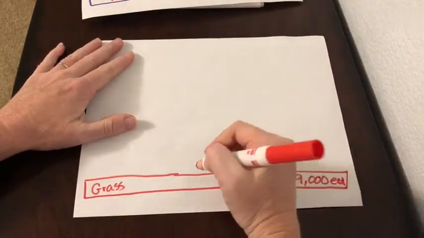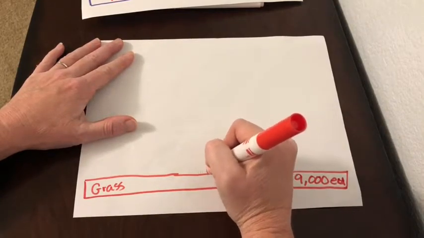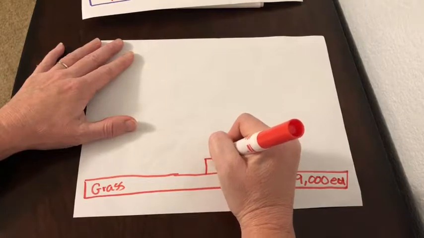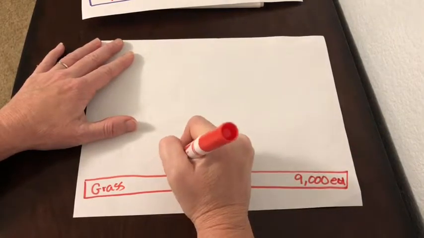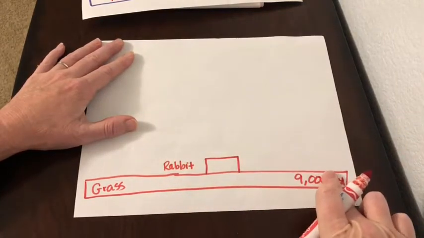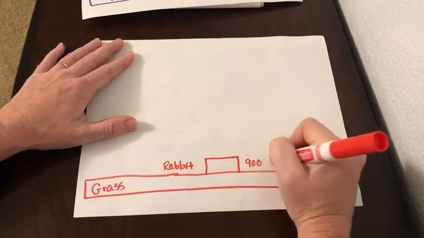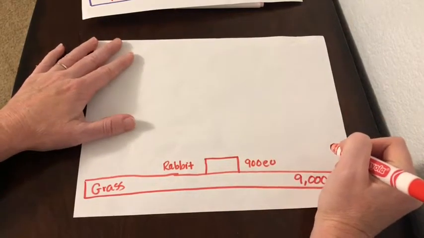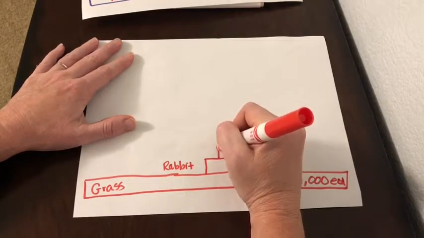And what eats the grass? Let's say what eats the grass is a rabbit. And how many energy units are here? We're going to take off that 0, and there's going to be 900 energy units there. And what eats the rabbit?